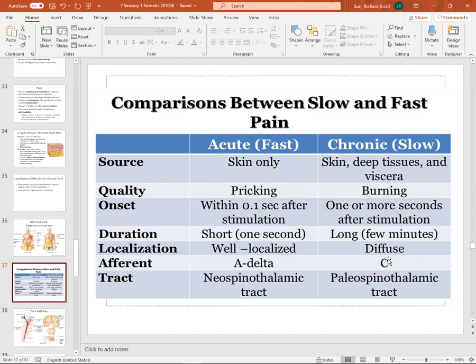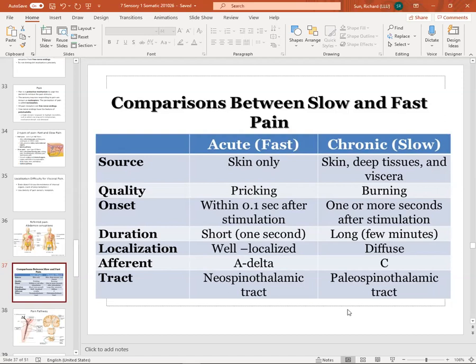So this tract delivers type C pain. It's a chronic pain. It's a slower delivery, taking a longer time because of type C. Acute pain happens only in the skin, and it is delivered through type A, so it's faster. It goes through the tract called the direct pathway, or the neo-spinothalamic tract. So what are these pathways?